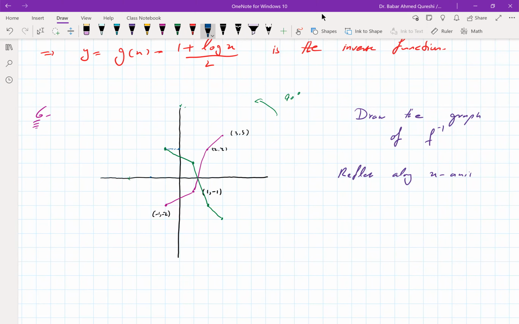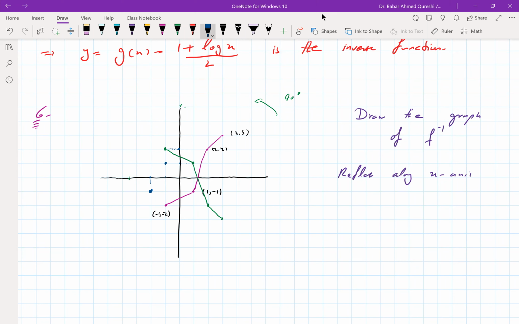This point comes over here, and this perpendicular line becomes a line going down here. Similarly, you can draw this perpendicular line and figure out where this point goes. This point comes here, and this perpendicular line remains up.